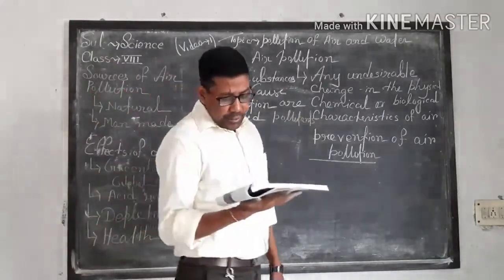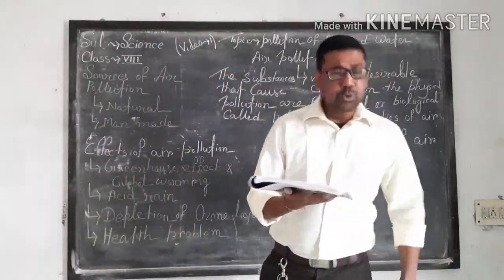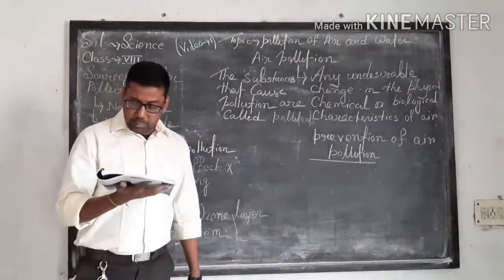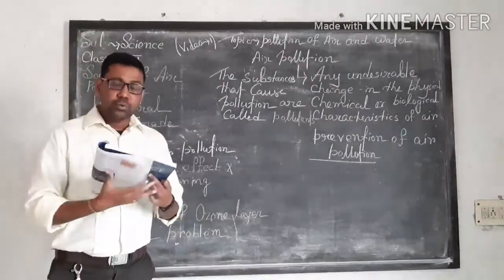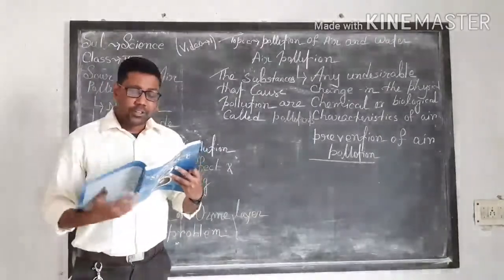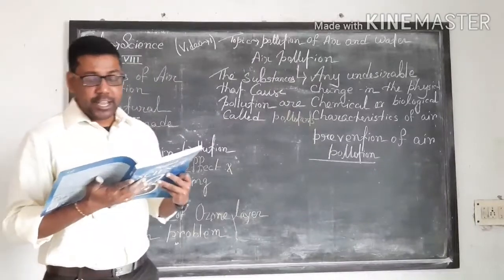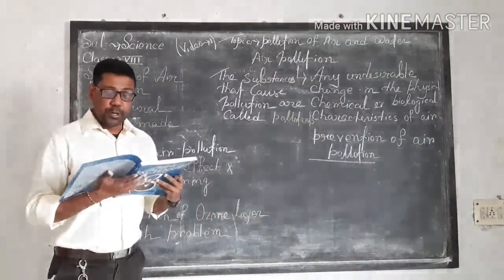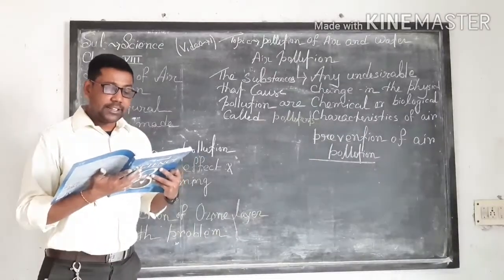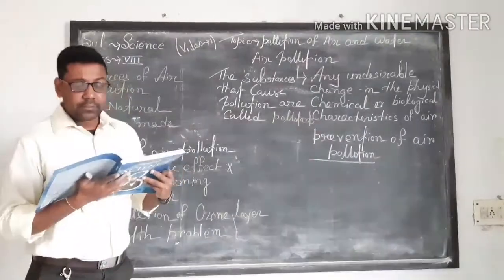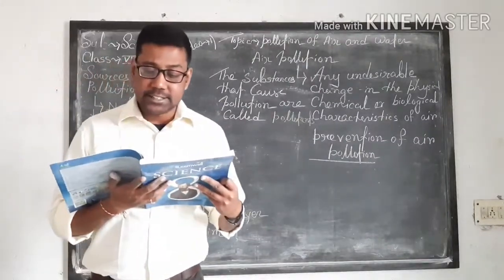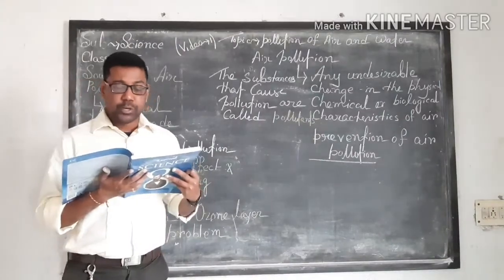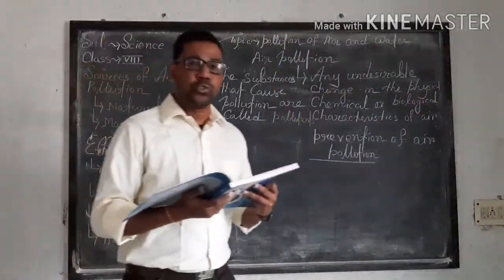So as the sun's rays enter the earth's atmosphere, some of them are absorbed by the earth's surface while some are reflected back into space, and these reflected rays are trapped by some gases present in the atmosphere of the earth, which results in the warming of the earth. This naturally occurring phenomenon that is responsible for the heating of the earth's surface and the atmosphere is the greenhouse effect.